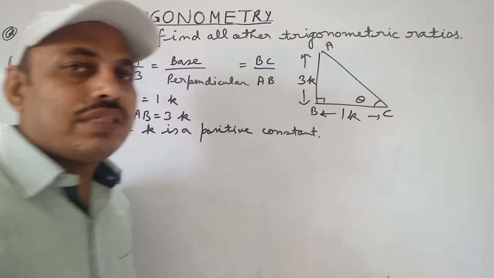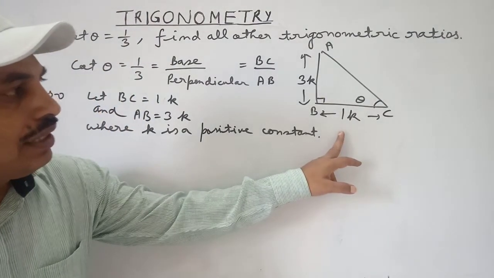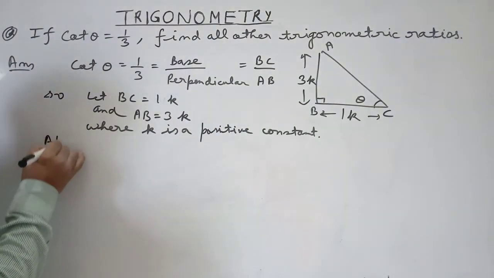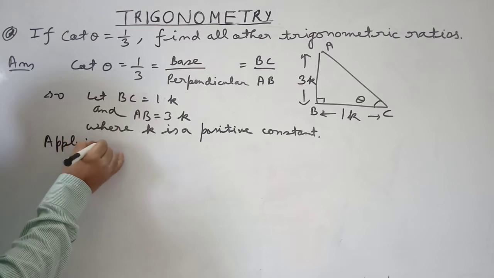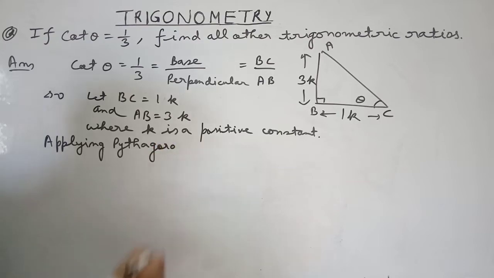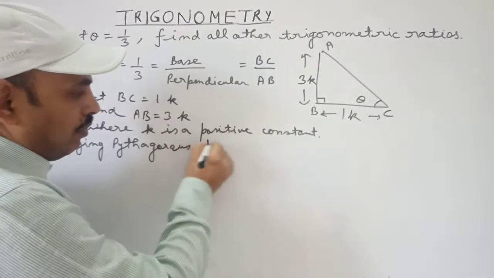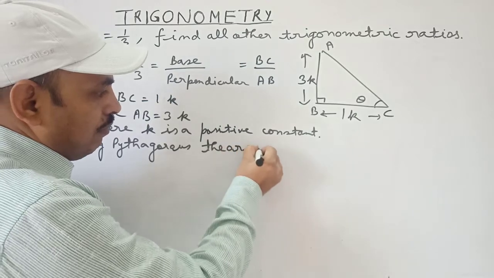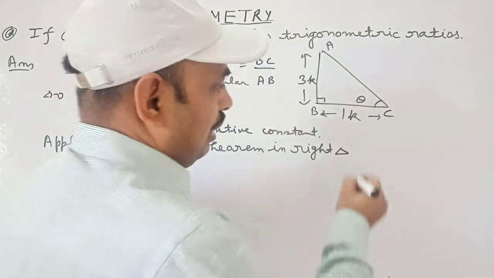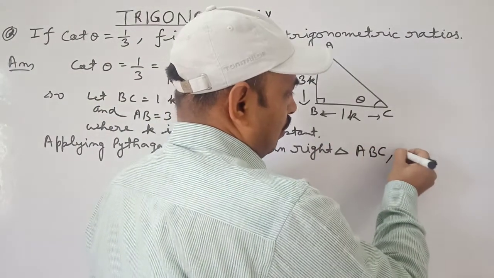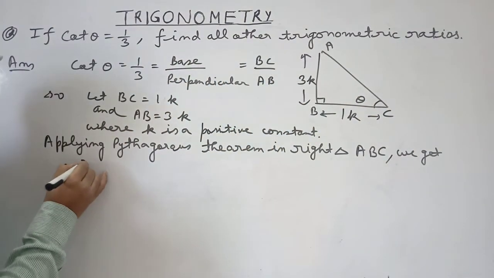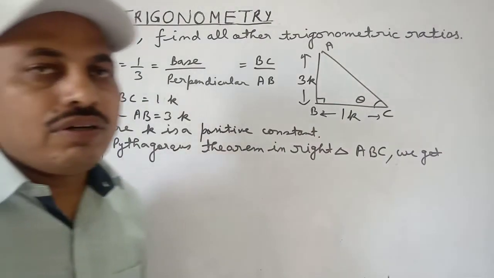We apply Pythagoras theorem in right triangle ABC and we find AC. Applying Pythagoras theorem in right triangle ABC, we get AC square, hypotenuse square, equal to sum of square of other two sides.